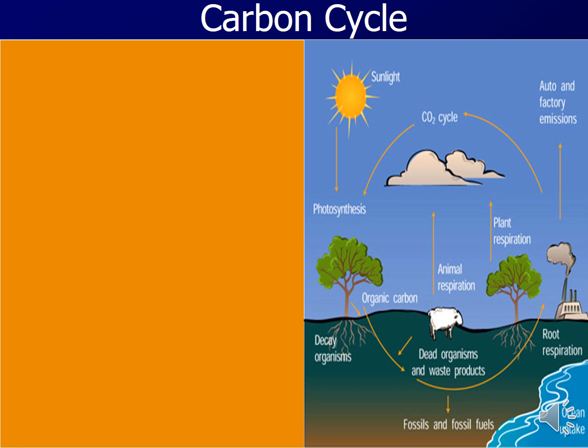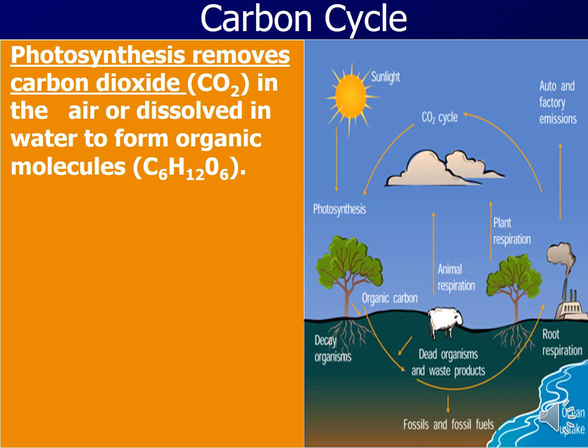When analyzing the carbon cycle, there are two questions that need to be answered. One, what process removes carbon from the atmosphere? And two, what process adds carbon to the atmosphere? Photosynthesis removes carbon in the form of carbon dioxide that is in the air or dissolved in water to form the organic molecule glucose.